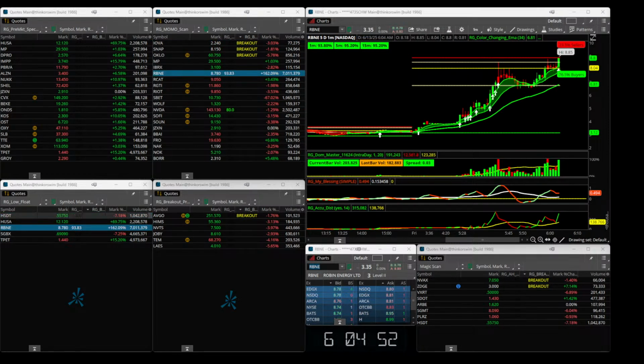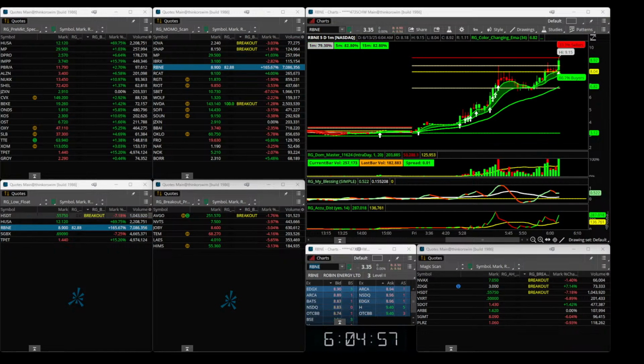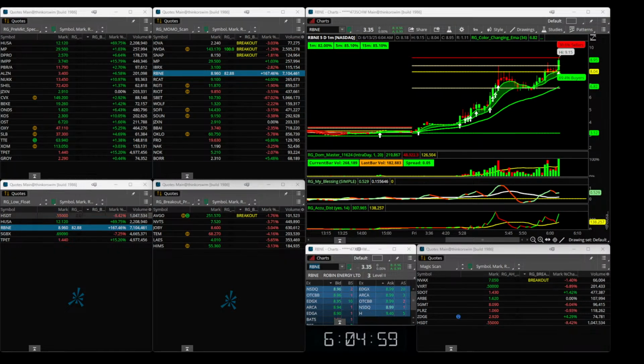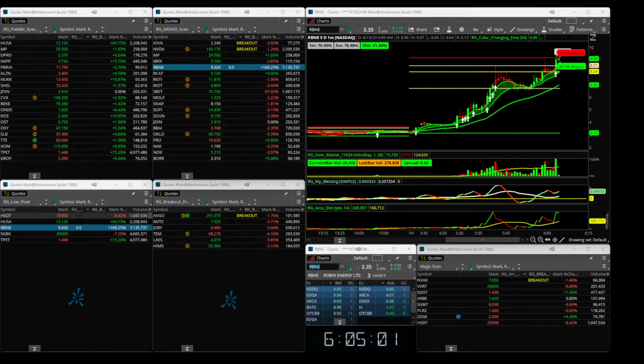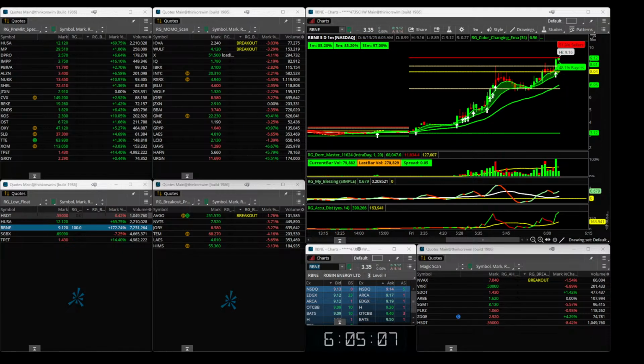Let's see if we can get a breakout. There we go, pushing up a little bit more. I kind of felt that it was going to go because it wasn't selling off. Don't know how much more higher it can get to. Continuing to push a little bit more.